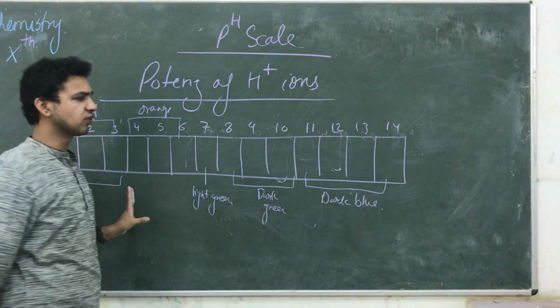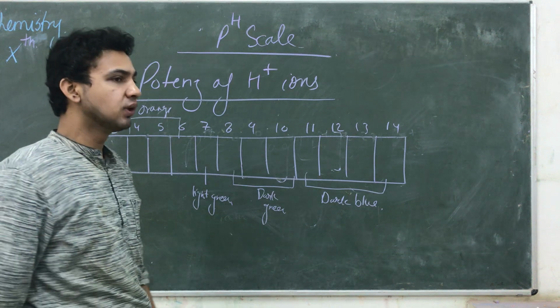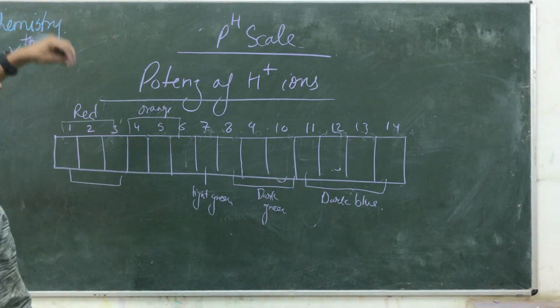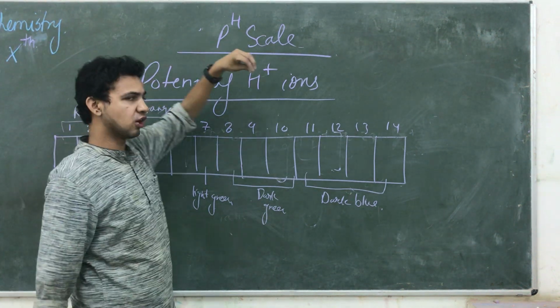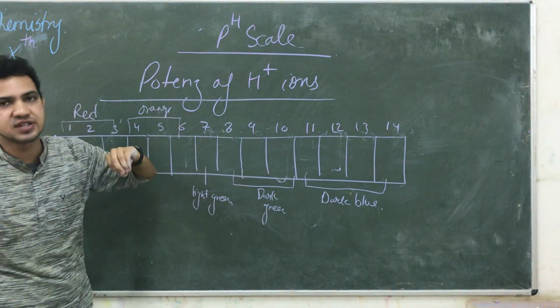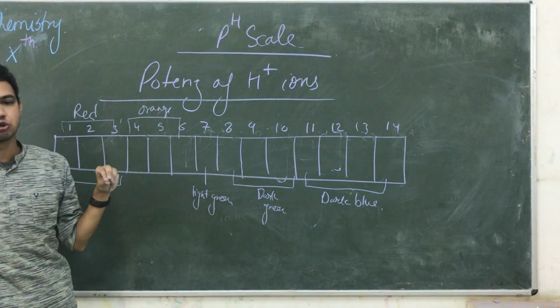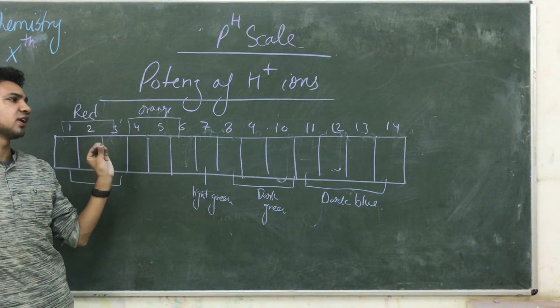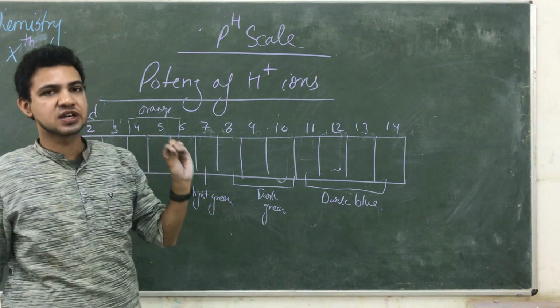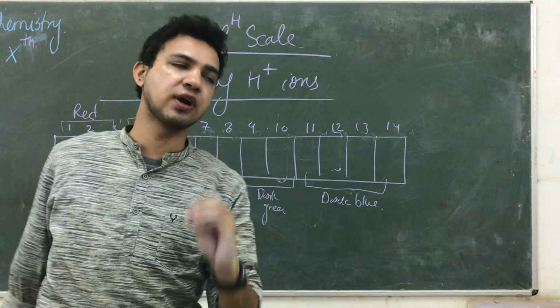So if you dip the pH paper inside the solution, we get a different color. On the basis of this color, we are identifying the concentration of ion.